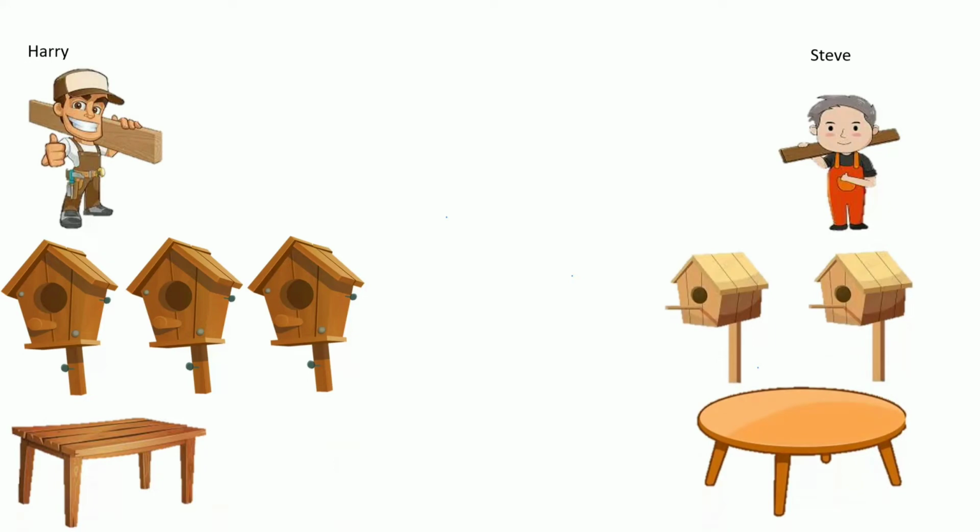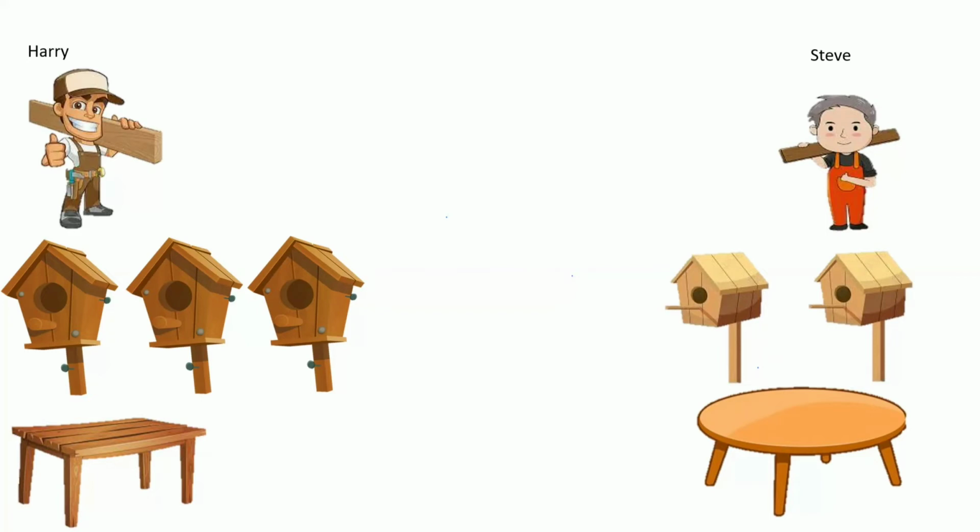In order to do that, it is useful to compare opportunity cost. Harry sacrifices 3 bird houses for every table he produces, so the opportunity cost for making 1 table is 3 bird houses. The 3 bird houses he could have built in the time it takes him to build 1 table, and the opportunity cost of making 1 bird house is 1/3 of the table.